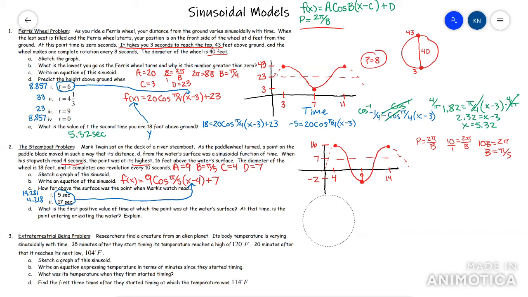So here we go. Basically, what's the first positive value of time at which the point was at the water's surface? So we are looking basically right here. So a y value of 0. So you solve this equation for a y value of 0. If you do that, you get 7.92. Now, I need you to realize this green dot, it may not be your answer.